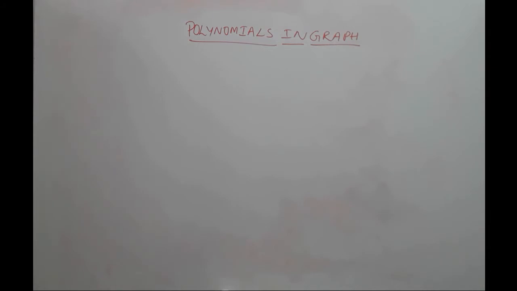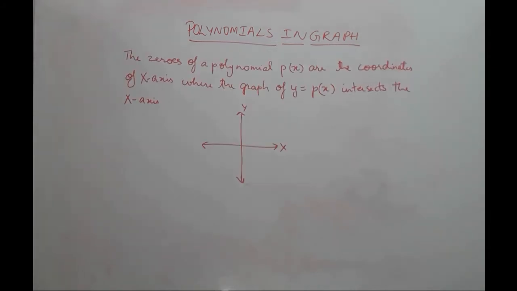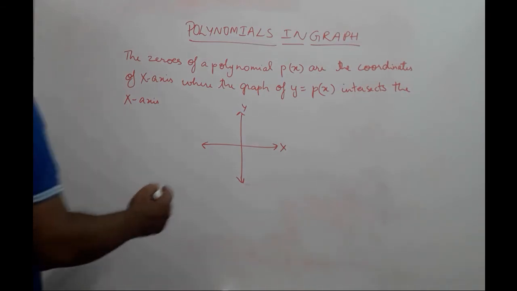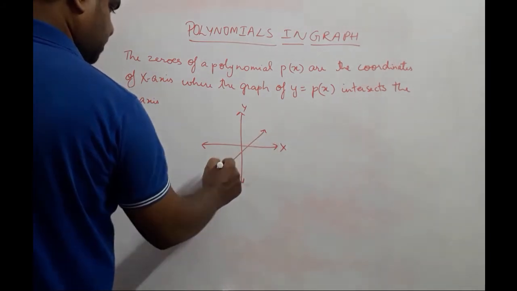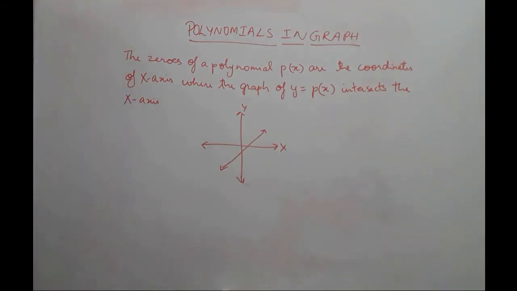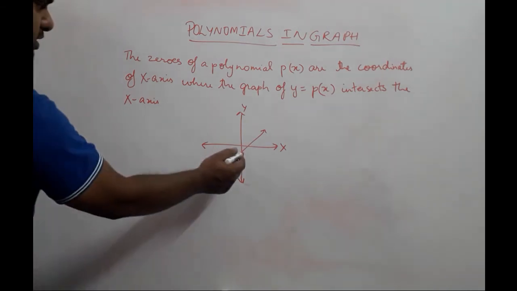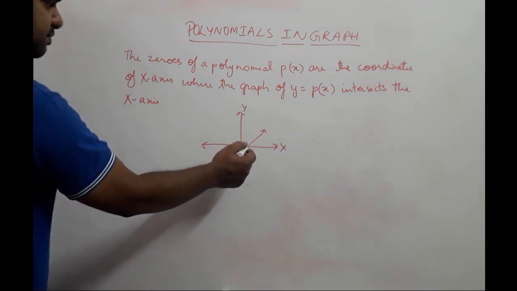Let us take some example to understand this statement. We have the x axis and y axis over here, and we'll just plot a graph and see what happens. So I've plotted a line passing through both the y-axis at this point and x-axis at this point.